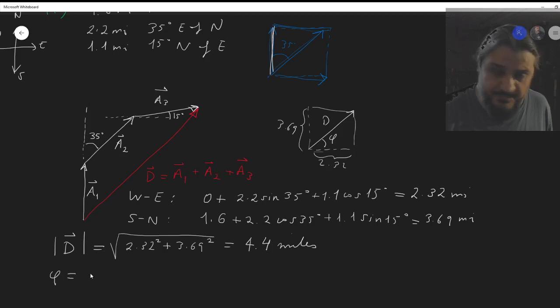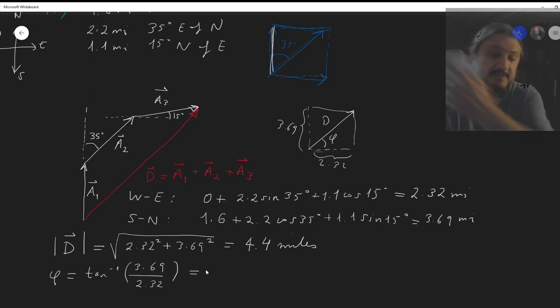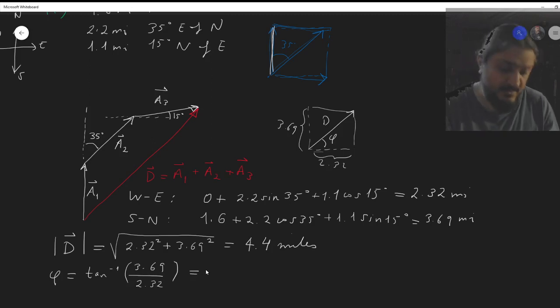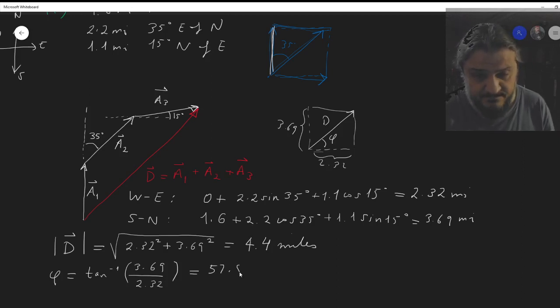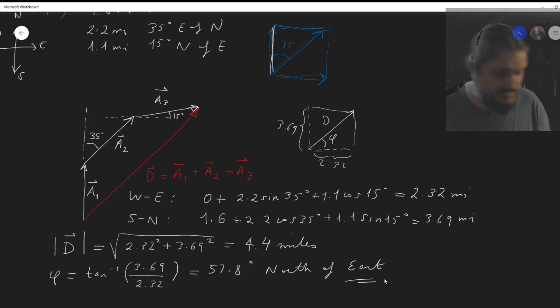Phi would be arctangent of 3.69 divided by 2.32. Take the arctangent. 57.8 degrees north of east. Okay, and that will be the direction.